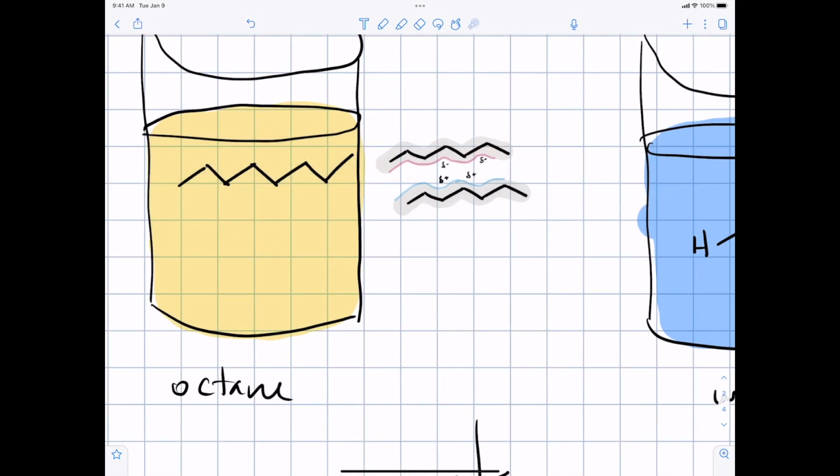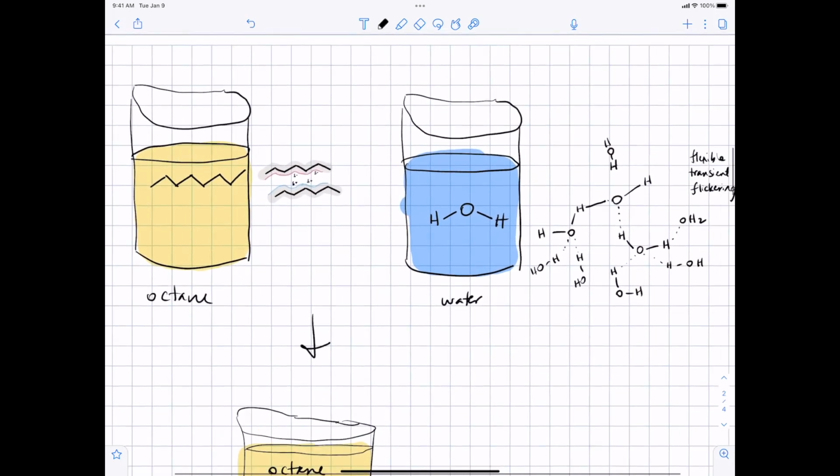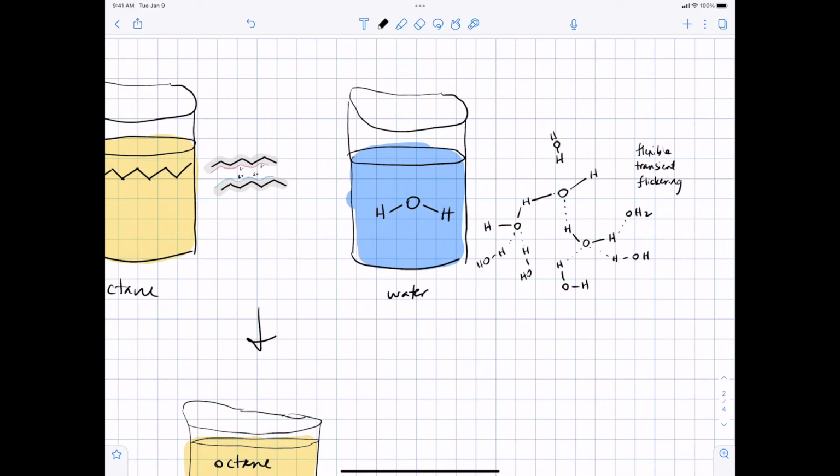But those are weak, and individual octane molecules can slide past each other such that at room temperature you have enough kinetic energy that they don't really stay together. In both of these cases, because the interactions are weak, and because these molecules are liquids, you've got what's called high entropy, meaning there's a lot of disorder.